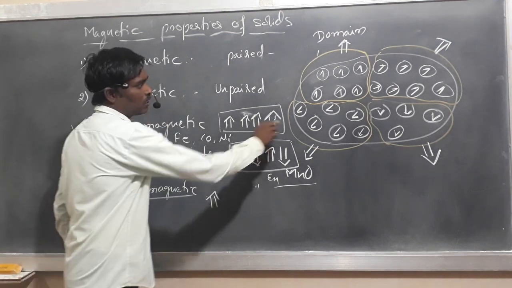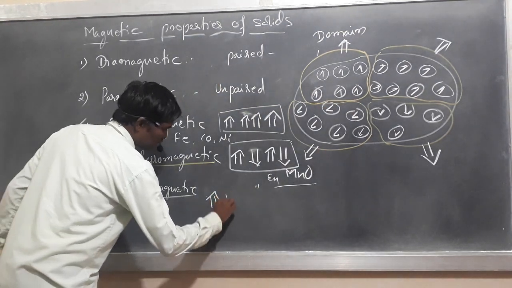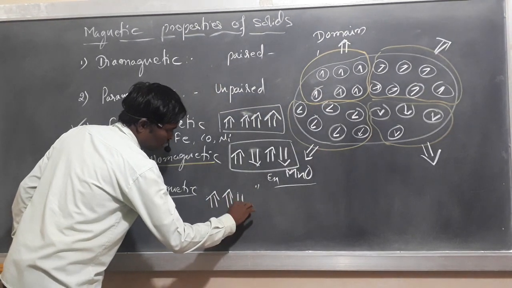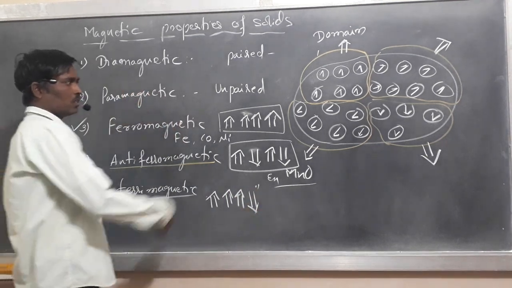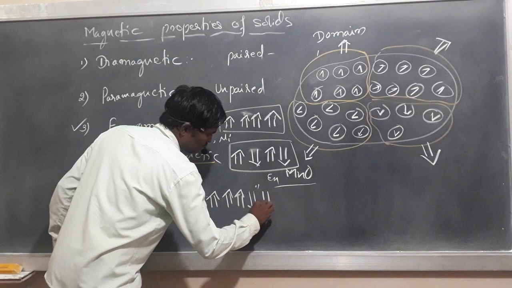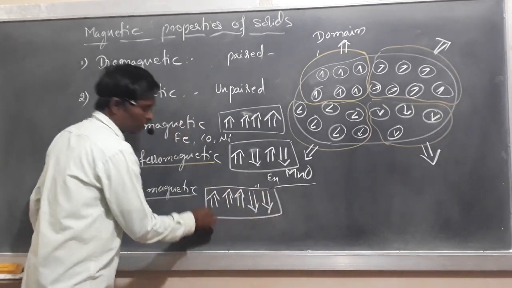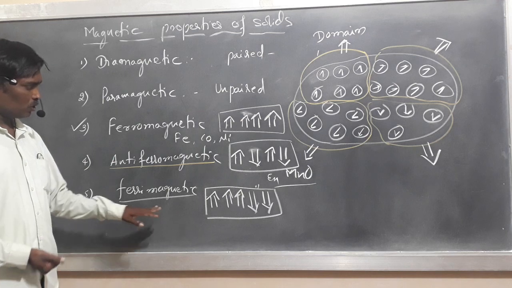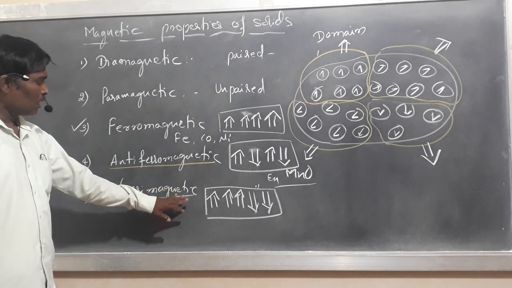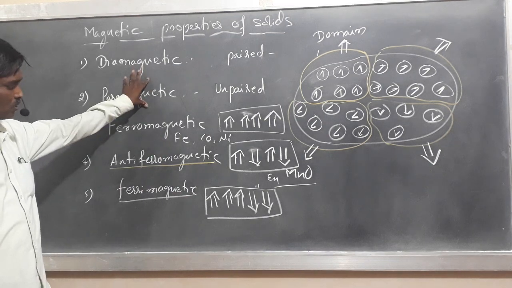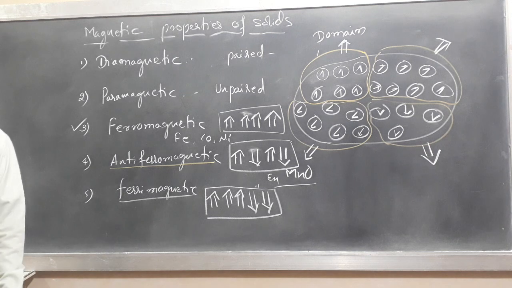Say there are 5 domains present: 3 are oriented in one direction and 2 in the other. So that's why it shows a suppressed magnetic moment. Its magnetic moment is less than a paramagnetic substance. So this is a ferrimagnetic substance.